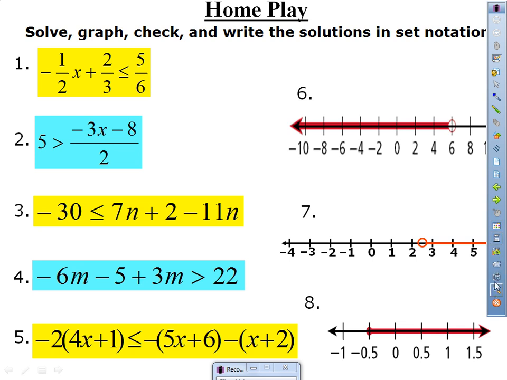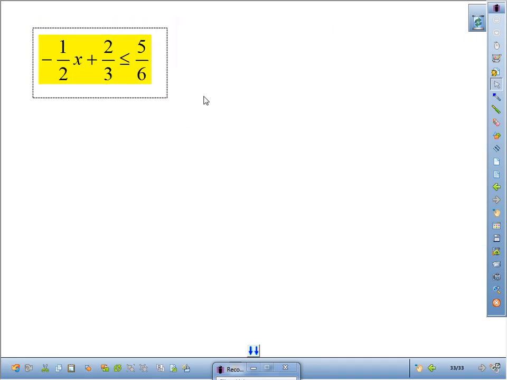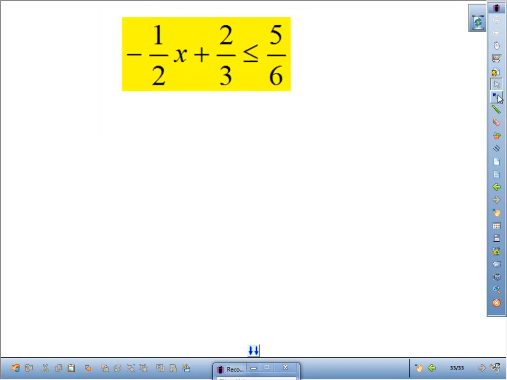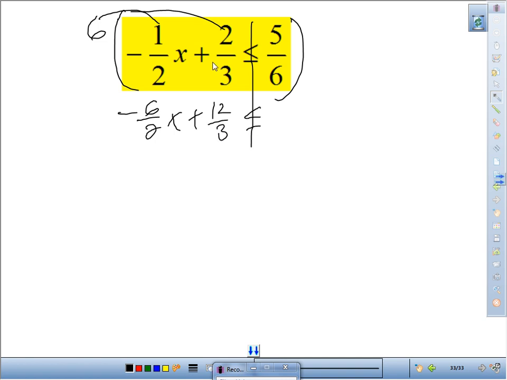Here we go. Number 1. Write down the inequality symbol. First of all, what do we do with fractions all over the place? Multiply by the common denominator, which is 6. Distribute: negative 6 over 2x, plus 6 times 2, that's 12 over 3, less than or equal to 6 times 5, that's 30 over 6.